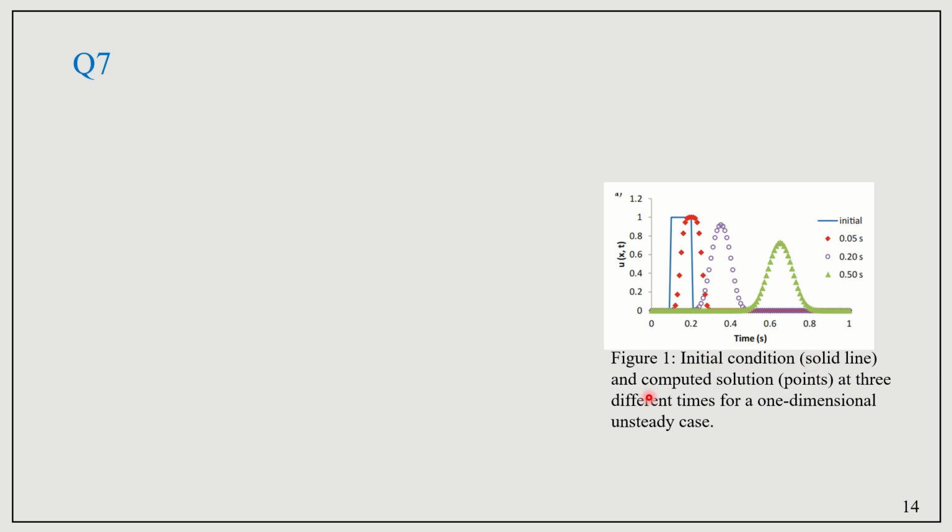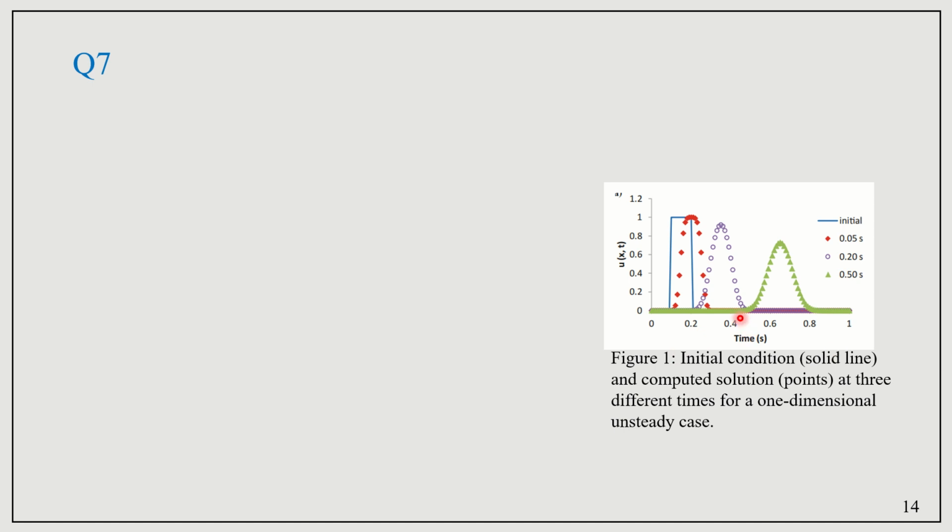So this shows the initial condition and computed solution at 3 different times for a one dimensional unsteady case. It is a one dimensional problem and it is an unsteady case. As we can see, it is varying with respect to time, so we call it an unsteady solution. And in the y-axis we have velocity, that is u. This is a function of time as well as position, and in the x-axis we have position.